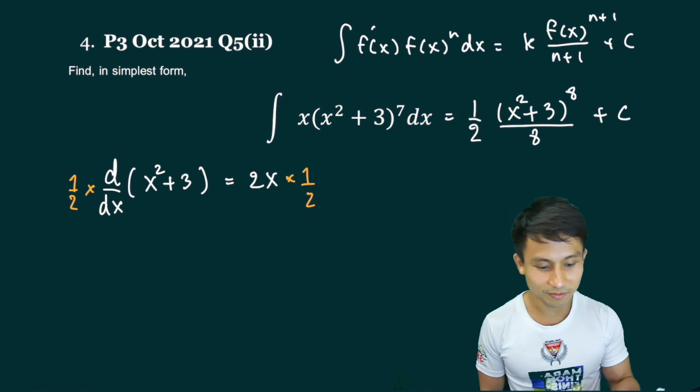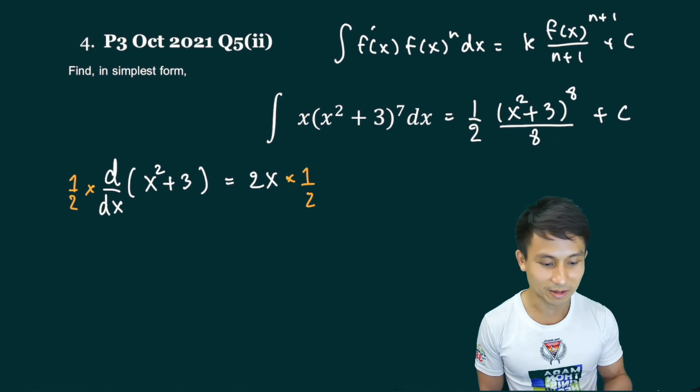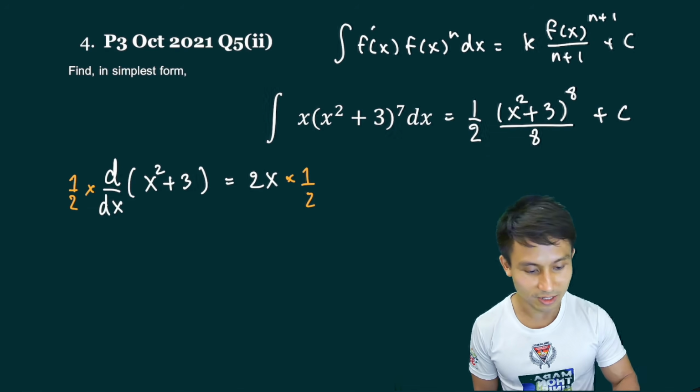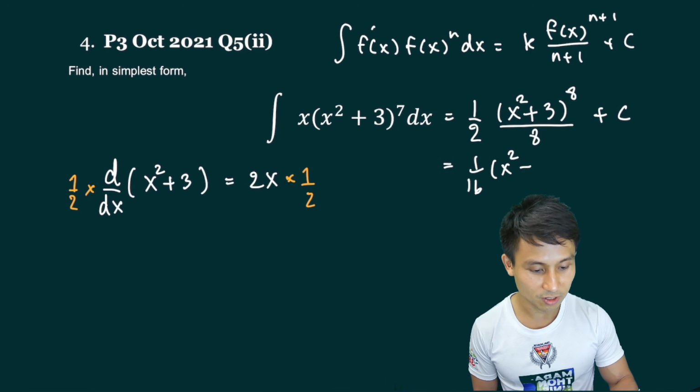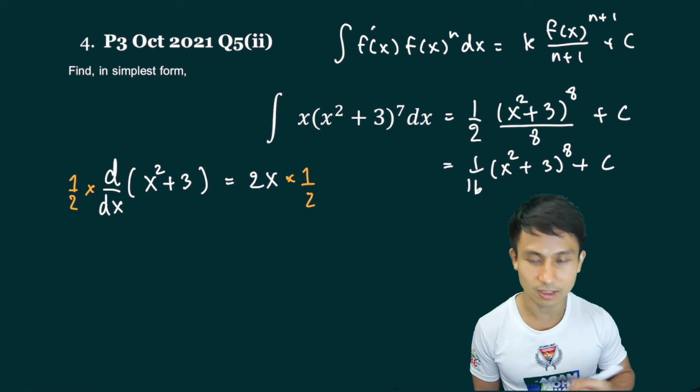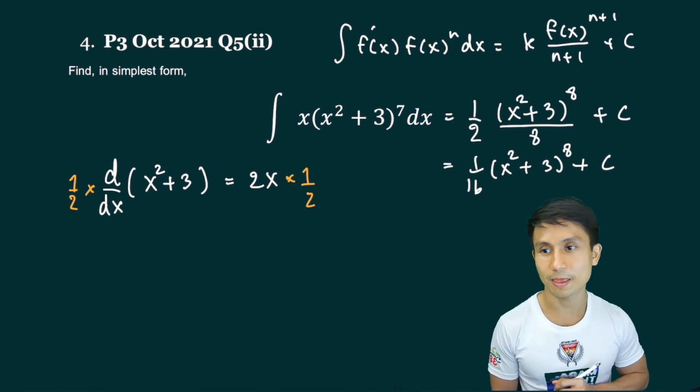Of course, now the 2 times 8 will become 16, right? So I'm just going to write down here: 1 over 16, (x squared plus 3) to the 8, plus c. That will be the answer there.